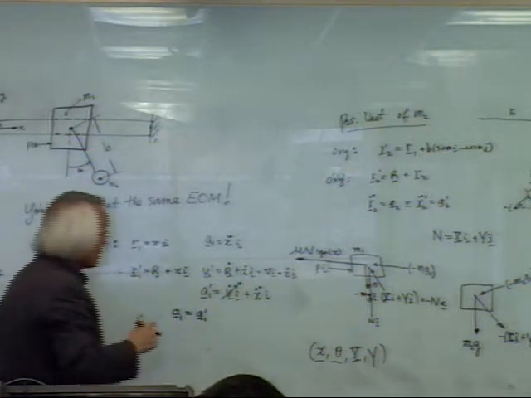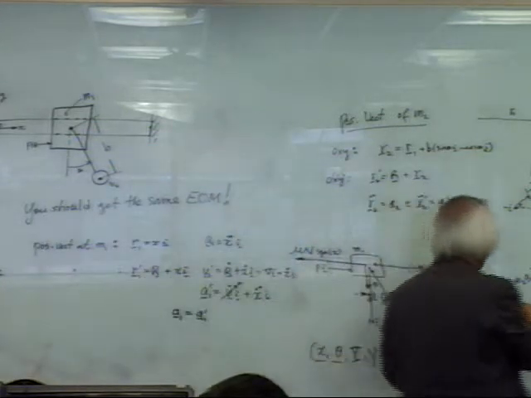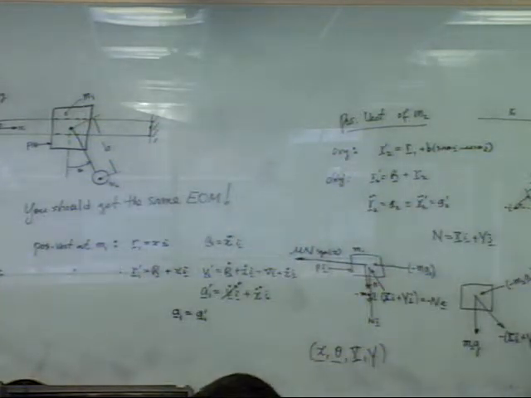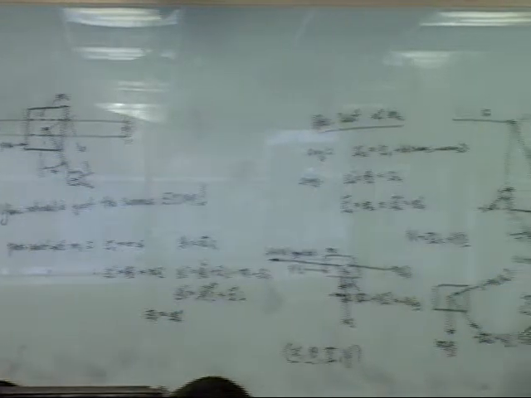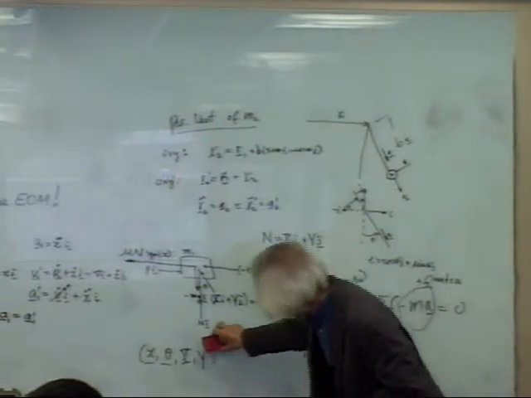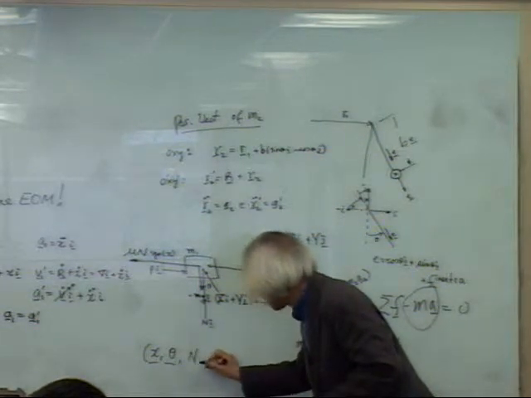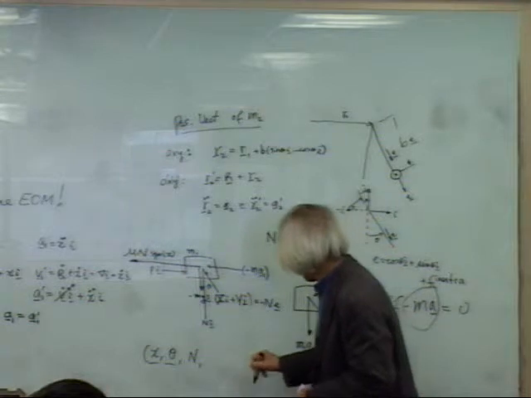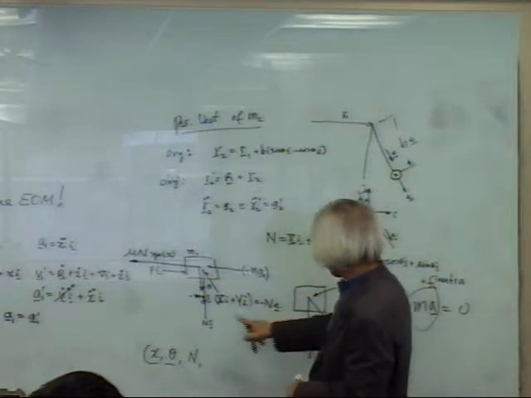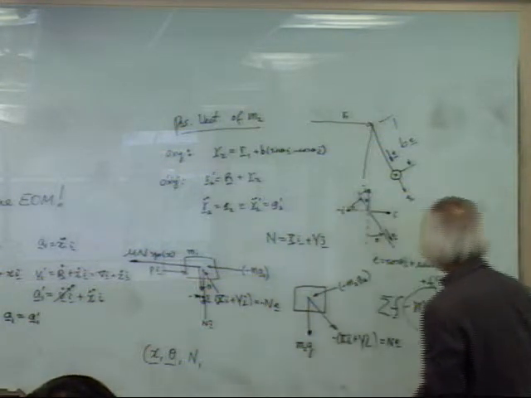Okay? So this guy is like that. There's one more equation. All right? So I have one more unknown. I use 2 N's. That's why I got really confused.